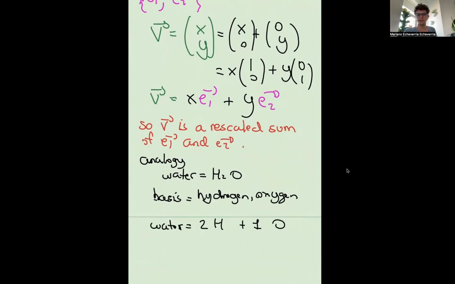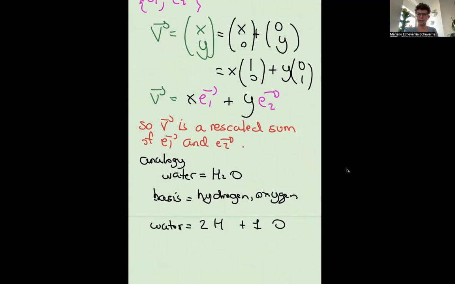Is that making sense? It's one way to think about it. It's breaking down a complicated molecule in terms of more elementary atoms.